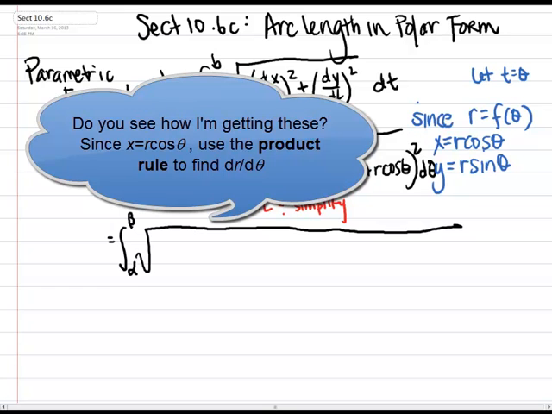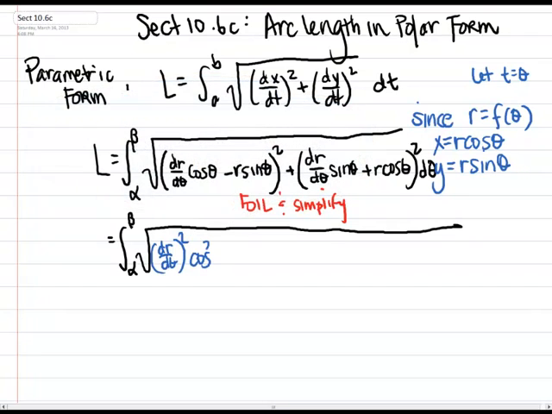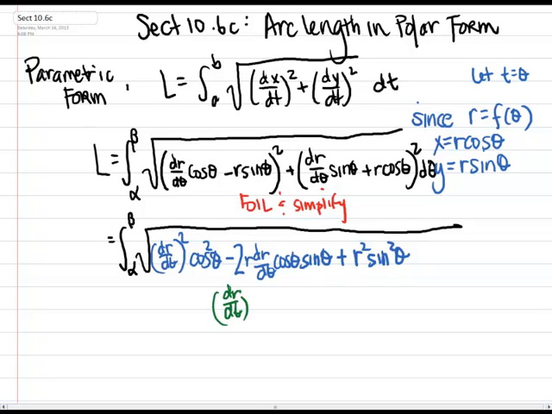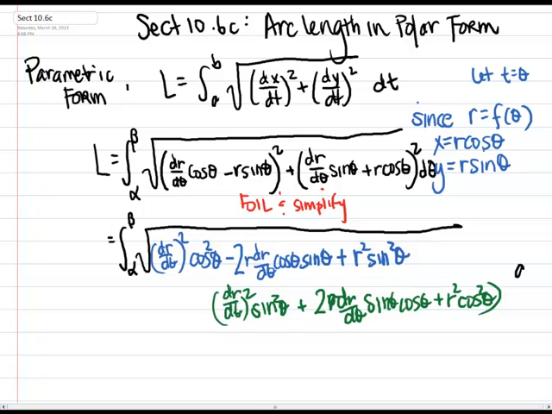Okay, when we FOIL out this first part, we have dr/d theta squared cosine squared theta minus 2r dr/d theta cosine theta sine theta plus r squared sine squared theta. In the second part, we have dr/d theta squared sine squared theta plus 2r dr/d theta sine theta cosine theta plus r squared cosine squared theta.